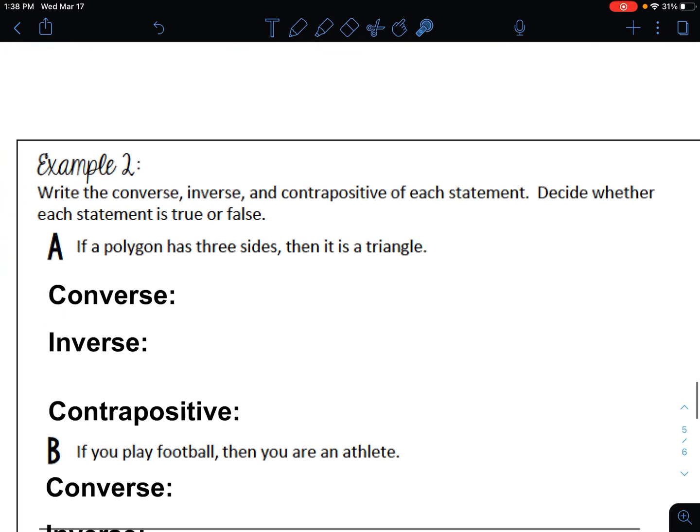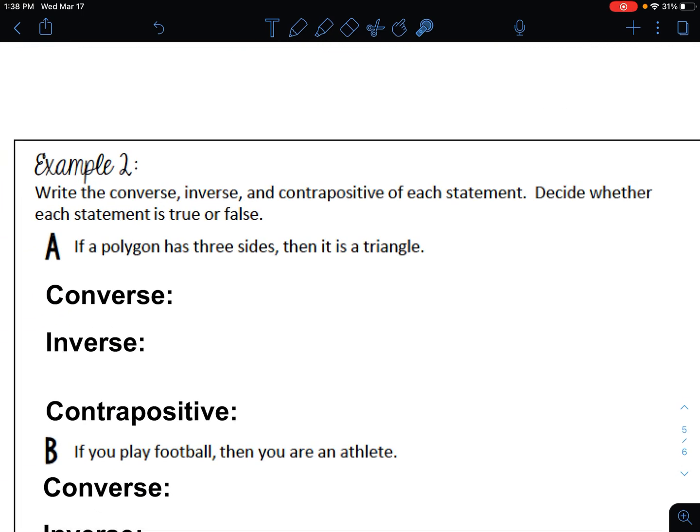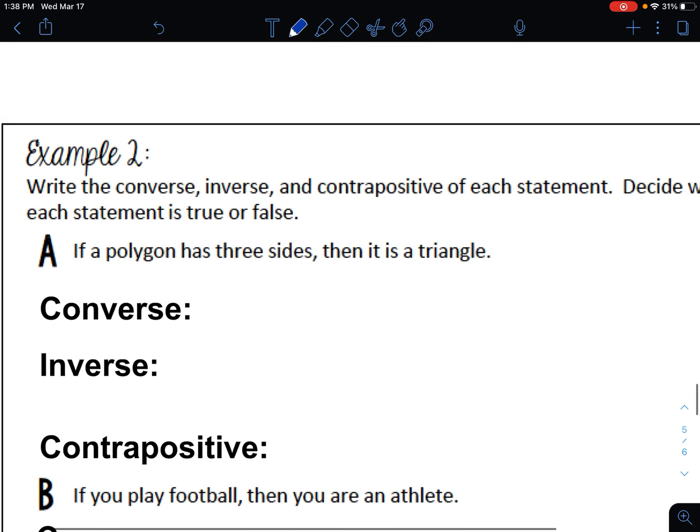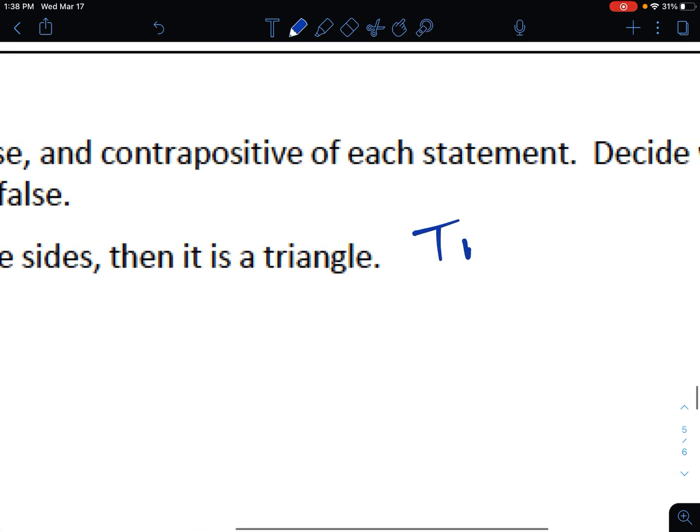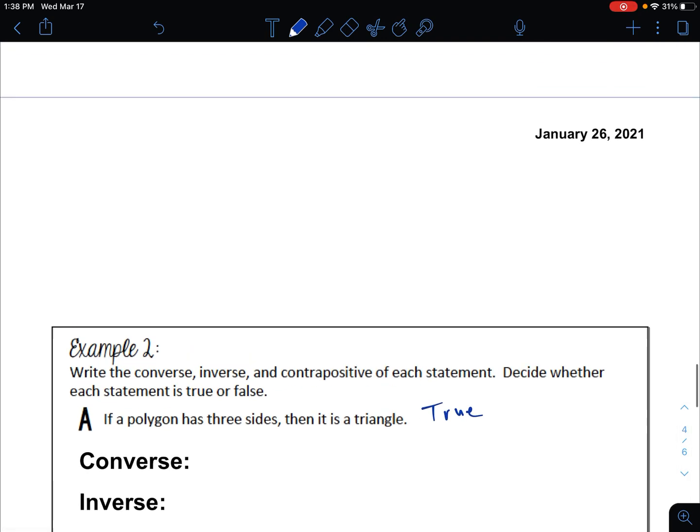All right, our first sentence is, if a polygon has three sides, then it is a triangle. Is that a true statement, by the way? Yes, that's true. We don't call it a quadrilateral; we call only four-sided polygons quadrilaterals. So that's a true statement. Now it says write the converse.